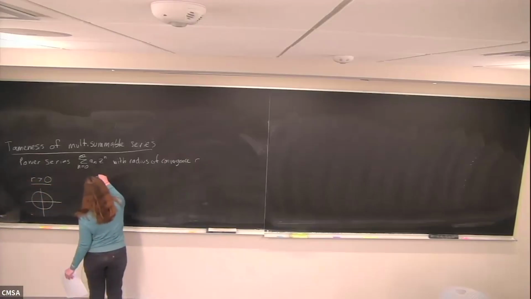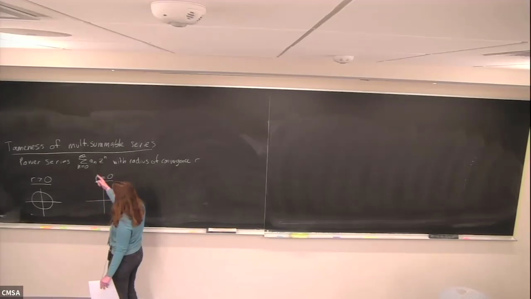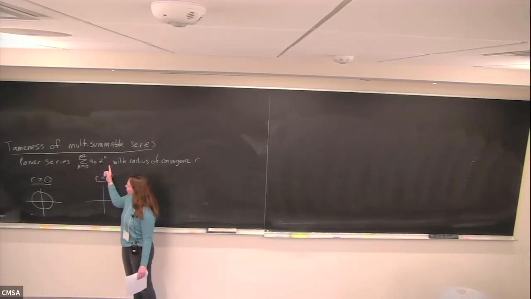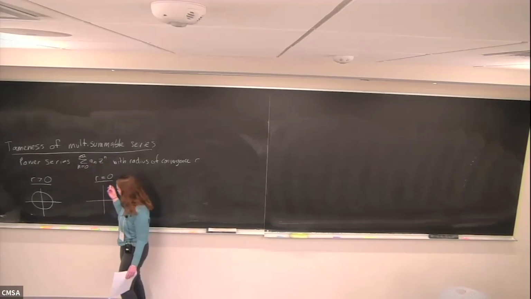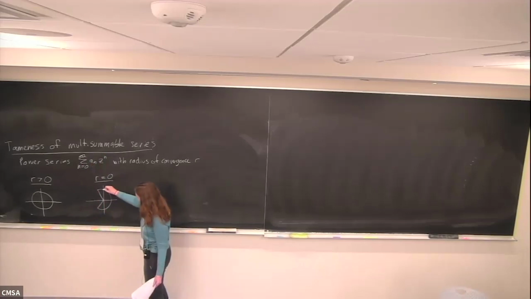But if r is 0, then you can't expect to get an analytic function from this series in a whole neighborhood of 0. But using some kind of summation procedure, like Borel-Laplace summation, for example, maybe you can get a function that's holomorphic in some kind of sector neighborhood of 0.